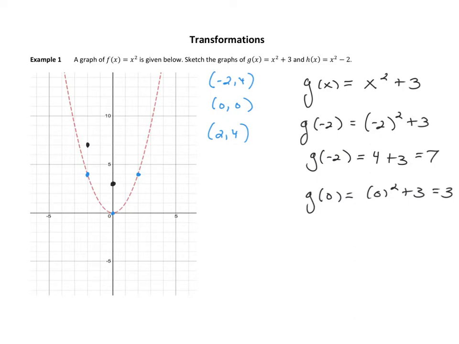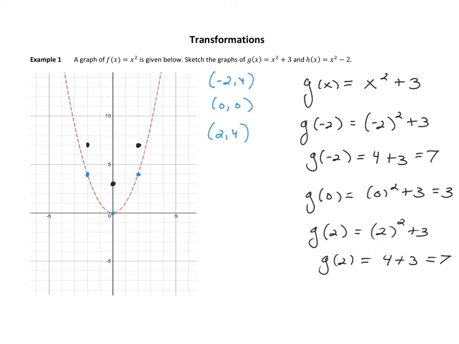And we'll look at one more point, that's this one here. All right, so g of 2 is 2 squared plus 3, and that is 4 plus 3, which is 7. So we get the point 2, 7 instead of the point 2, 4.